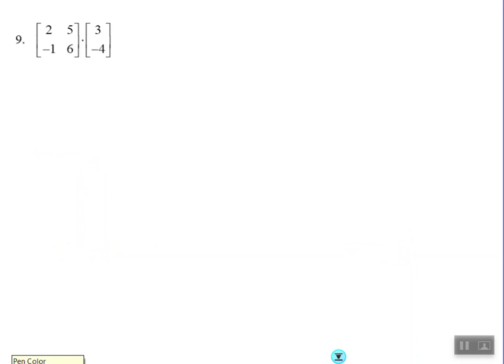Now let's take a look at how to actually multiply matrices. Here we have a 2 by 2 matrix multiplied by a 2 by 1 matrix. So we know that we can multiply these together because these dimensions are the same, and we are going to end up with a 2 by 1 matrix.